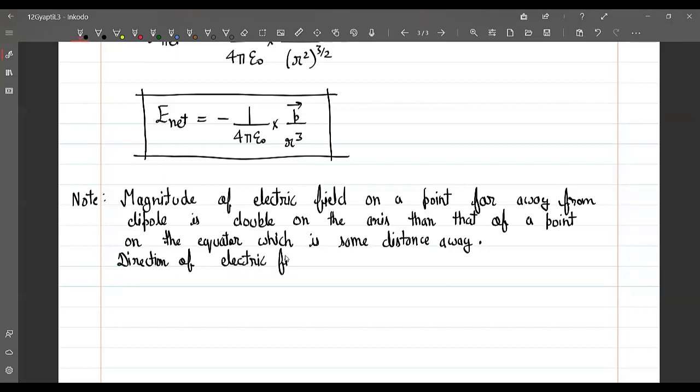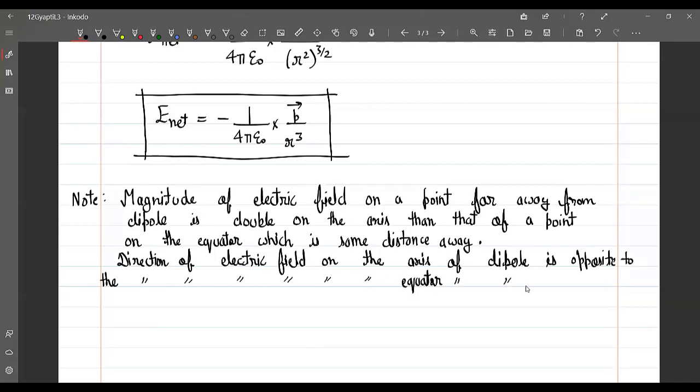Direction of electric field on the axis of a dipole is opposite to the direction of electric field on the equator of dipole. And unit of electric field is Newton per Coulomb.